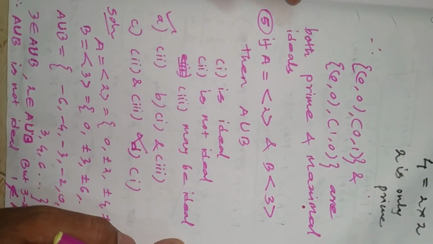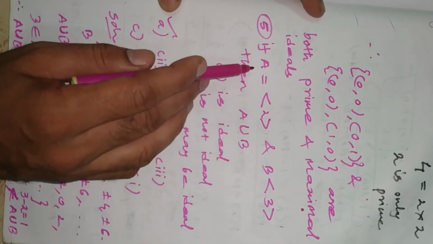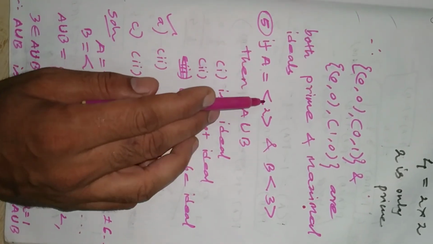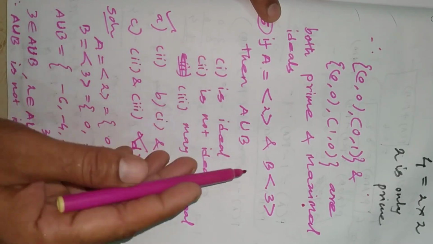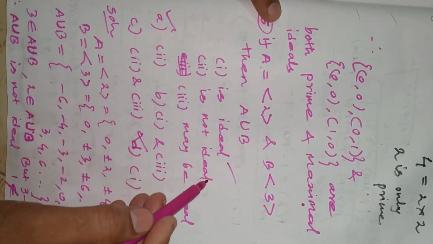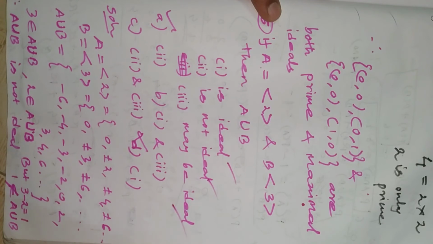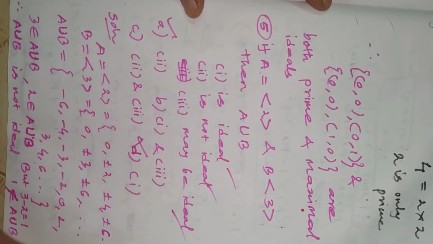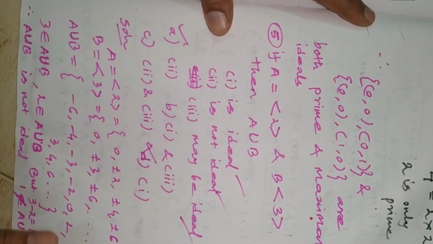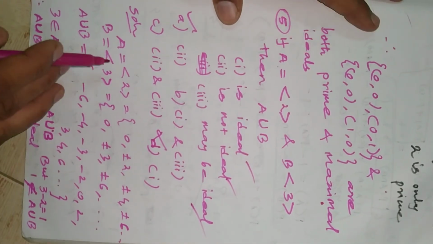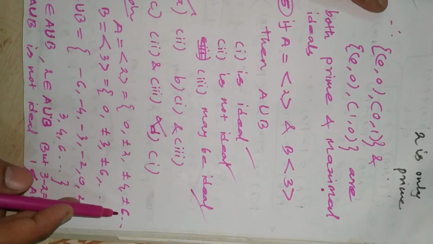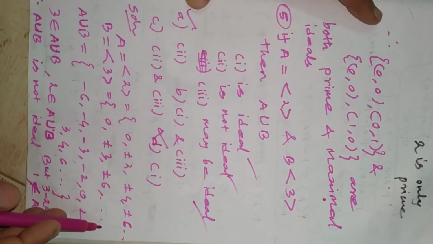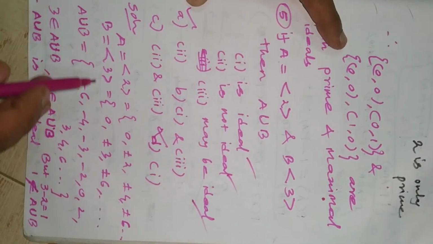The last, fifth problem, very interesting one. I take A as the ideal 2Z and B as the ideal 3Z. What about A union B? Is it an ideal, or is it not an ideal, or may be an ideal? 4 options are given. So we have discussed this problem. 2Z, we know very well this one. 3Z, this also. What about A union B?